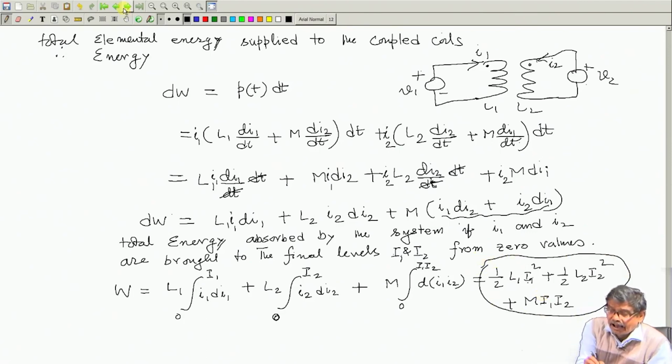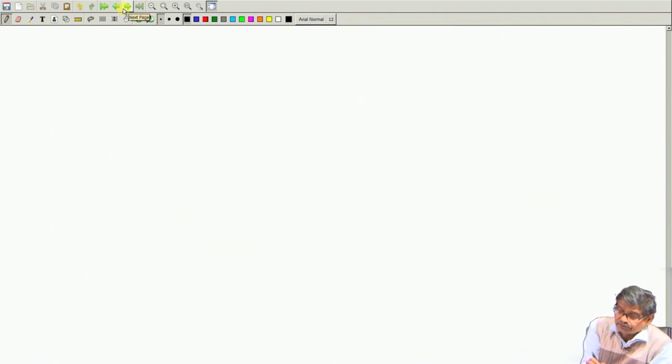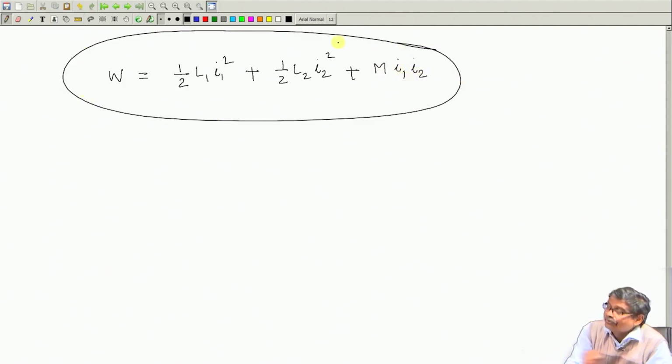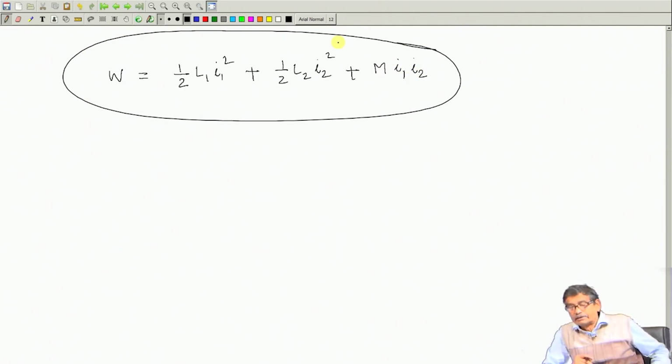In general, I should say the energy stored at any instant, if the current in the first coil is small i1, plus half L2 i2 square is the current in the second, then M i1 i2 will be the total energy stored in coupled coils.